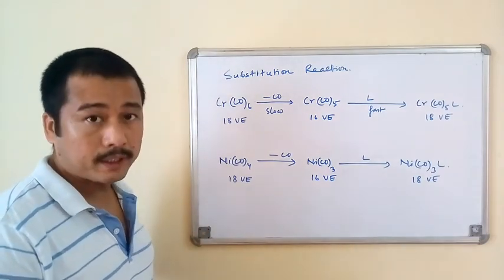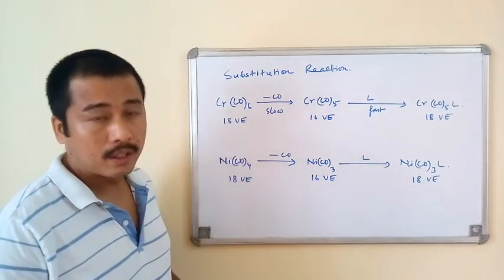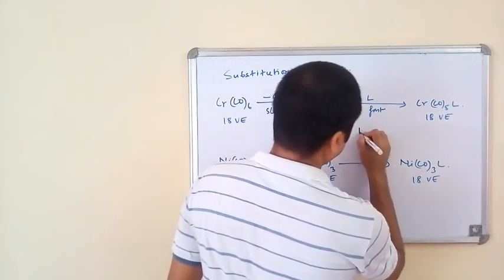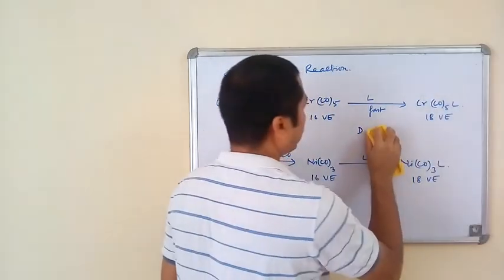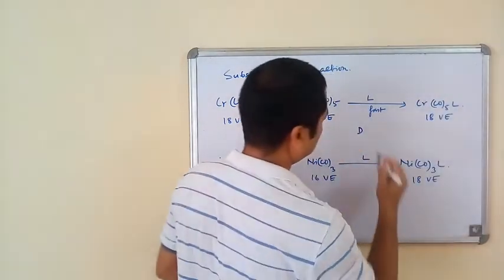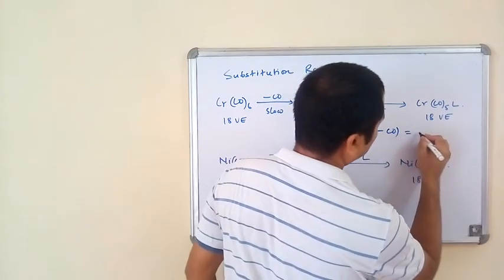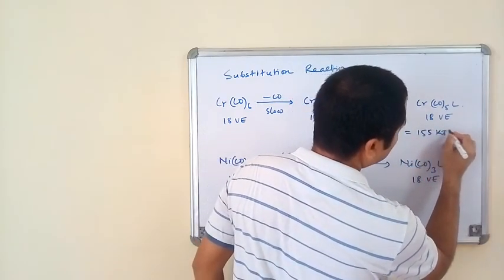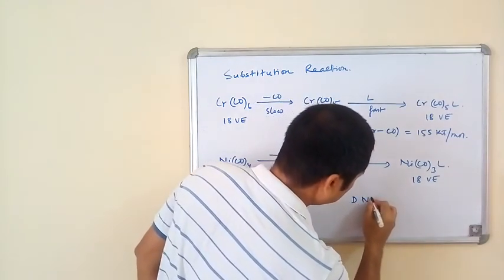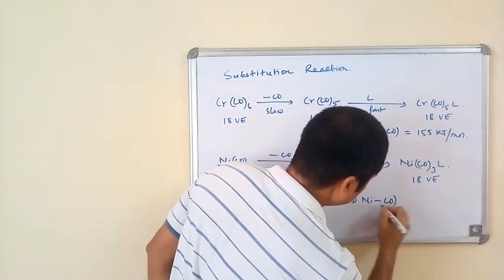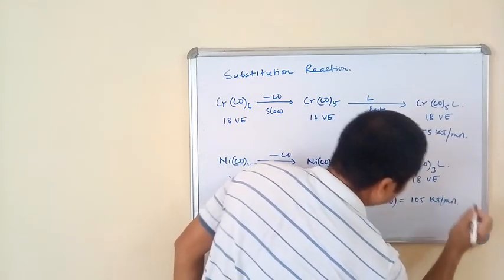Now if one looks at the bond dissociation energy between the metal and the carbonyl ligand in these complexes, then one finds that the chromium CO bond dissociation energy is 155 kilojoule per mole, while the bond dissociation energy for the nickel is 105 kilojoule per mole.